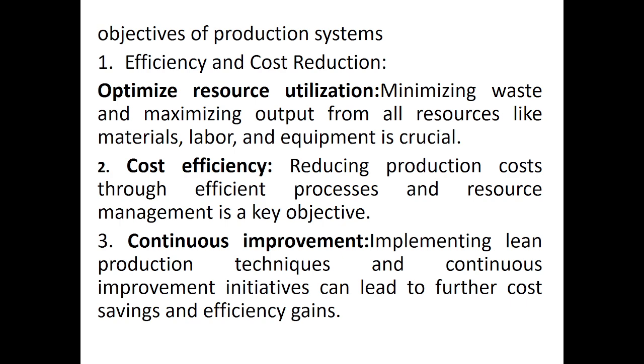Then the labor: how much you are paying the laborers, and whether you are providing the facilities or not. Apart from that, equipment: what tools you are using, and whether the tools are properly matched with the production, with the final products or not.